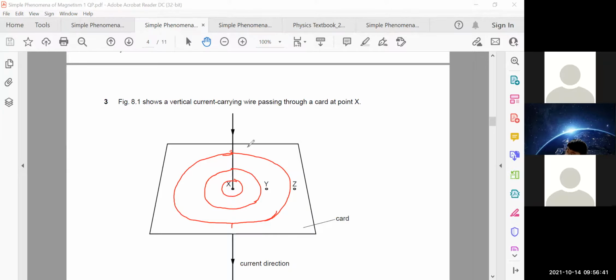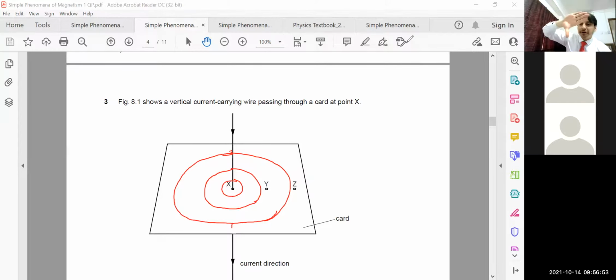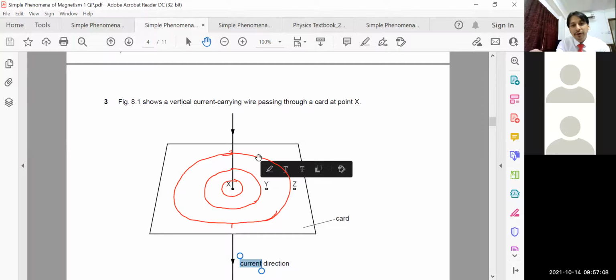After drawing these concentric circles, you need to draw the direction of the magnetic field. To draw the direction of the magnetic field, children, what rule have I suggested to you? Right hand grip rule. Current downward, you just have to rotate, curling of fingers. And I see here current is downward and the curling of fingers is giving me the direction of the magnetic field in the clockwise direction.